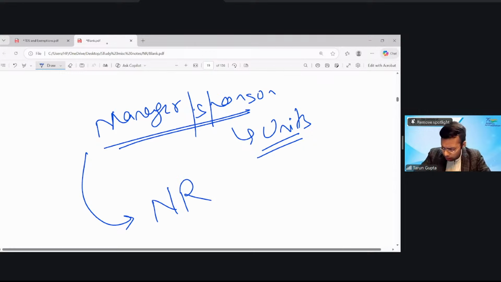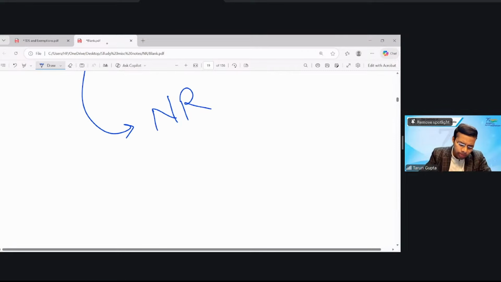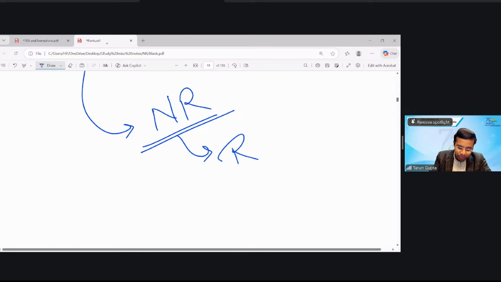There is a very small exception. The law says that all the units except the units held by the manager should be held by non-residents. But there may be a case that at the time of acquisition of the unit, the person was a non-resident, and subsequently, once the unit has been acquired by him in the specified fund, he becomes a resident.